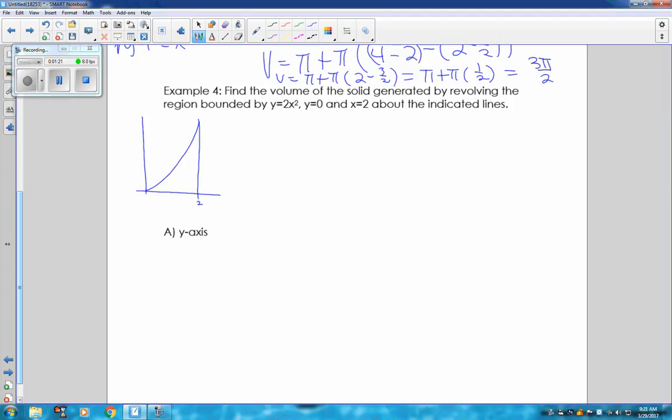Okay, so there's your region, and we need to know that ordered pair. What's this ordered pair right here? That's the ordered pair (2, 8).